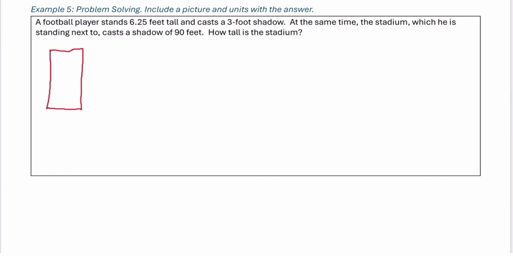Let's say this is the stadium. We don't know its height. We're actually looking for the height of that stadium. But we know that it casts a shadow of 90 feet. So the shadow that's on the ground is 90 feet long.